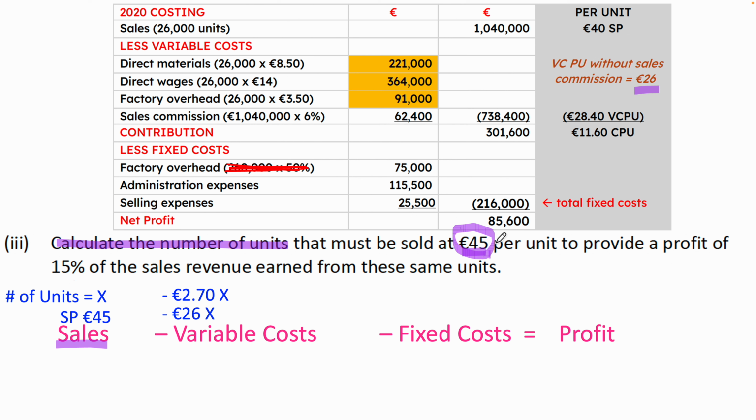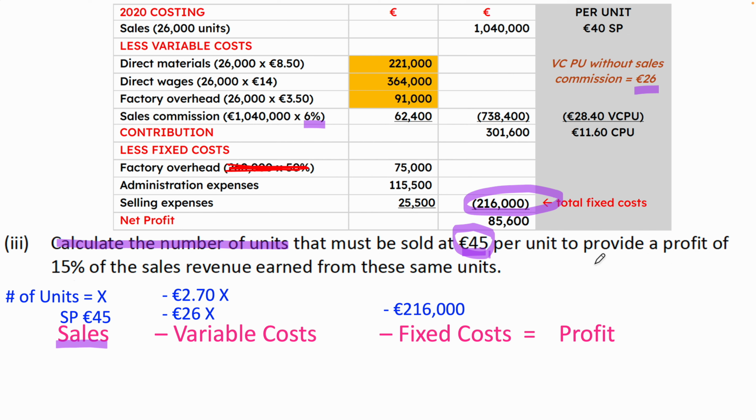So €45 multiplied by 6% is €2.70 that they would be getting on each unit if they sold. Previously it was €2.40 when the selling price was 50, but because it's changed to 45, the sales commission has changed to €2.70. Now there is no change to the fixed cost, so the fixed cost of €216,000 has stayed the same.